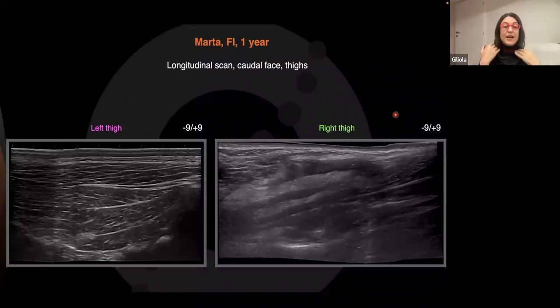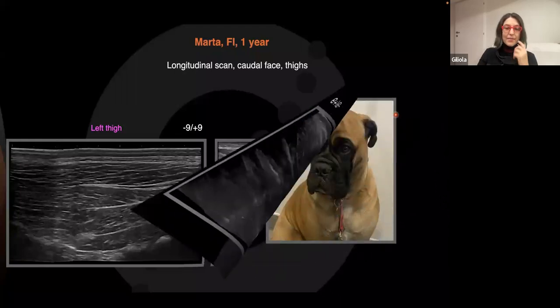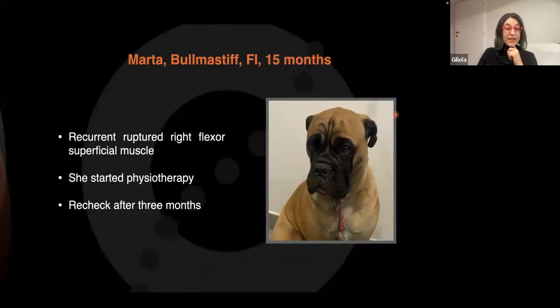this muscle. The problem is that every time the dog stands, she puts a lot of pressure on this muscle, and it's likely that she keeps rupturing this muscle again and again. And after 6 months, she's still lame. Well, this was quite a challenging patient because now we know why she's lame, but what should we do? Well, this is a tough job for rehabilitation people.